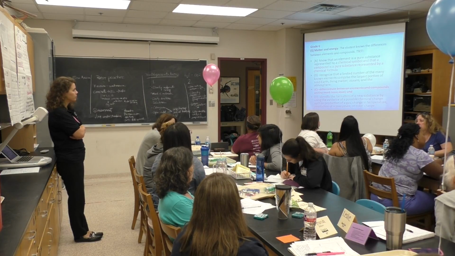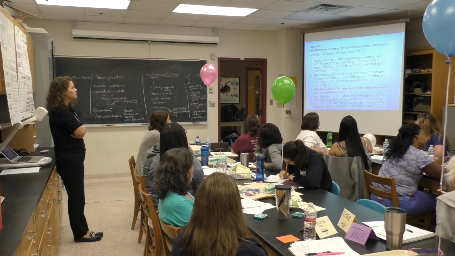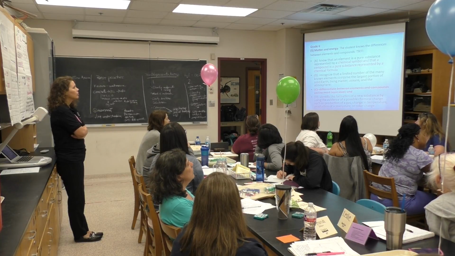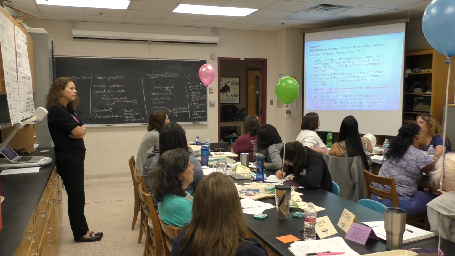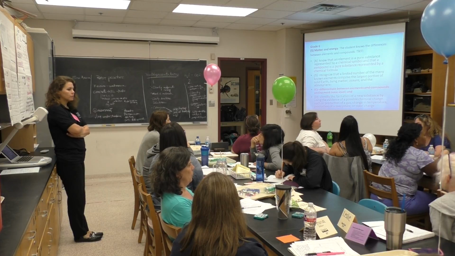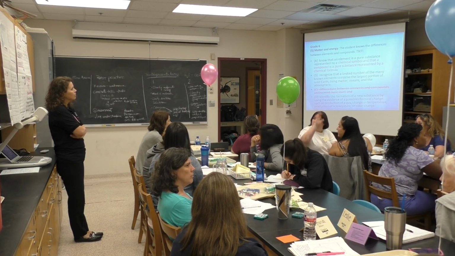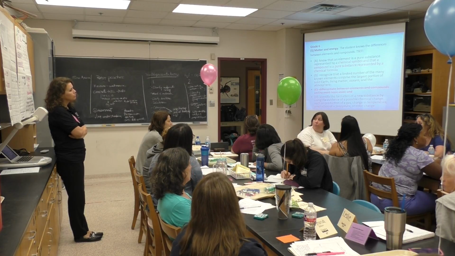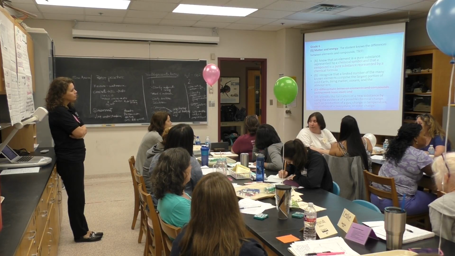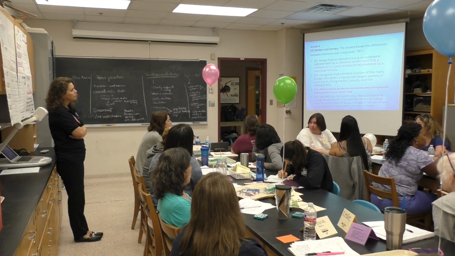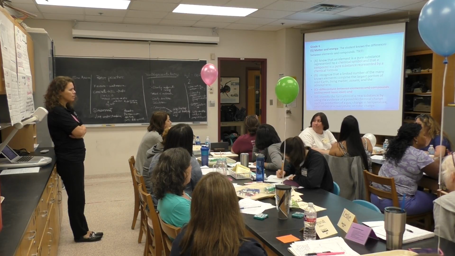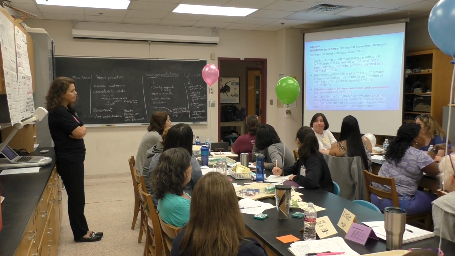Okay, let's go to part 2. A compound is a pure substance represented by a chemical formula, like H2O or NaCl or O2. O2 is a pure substance and is also a chemical formula. But what is it not?